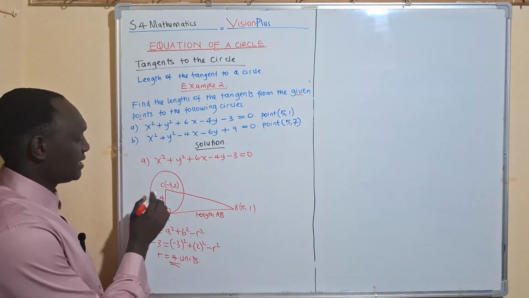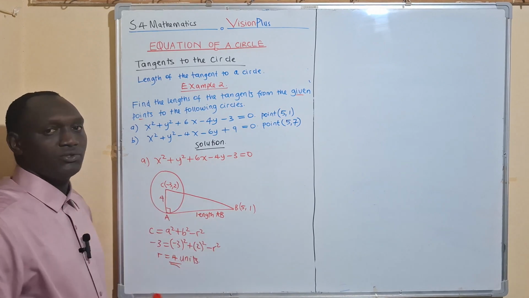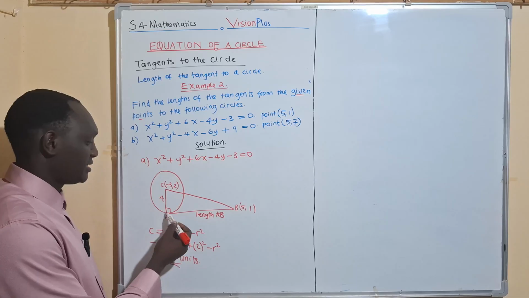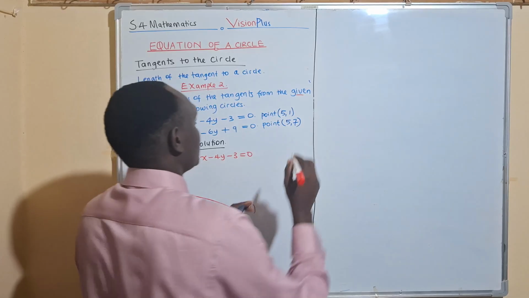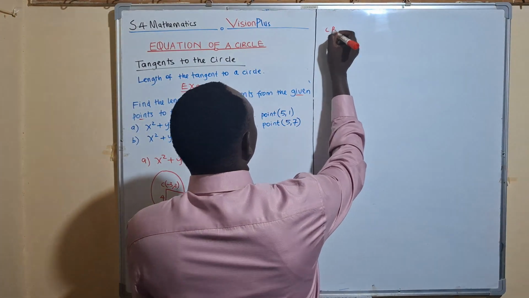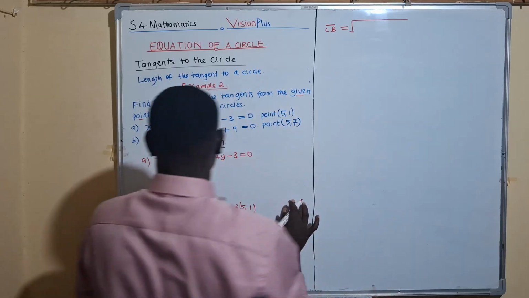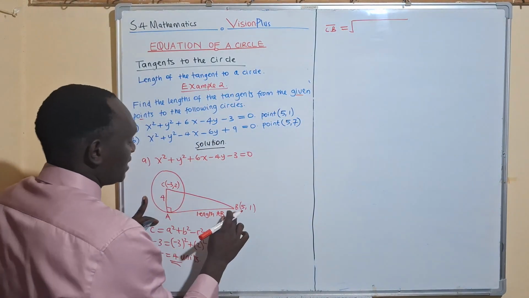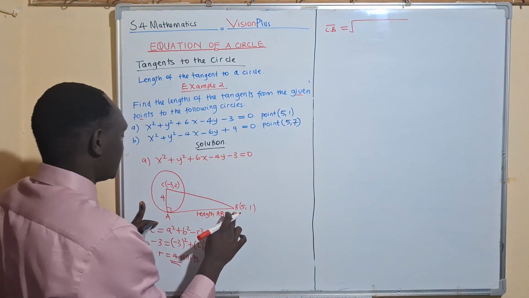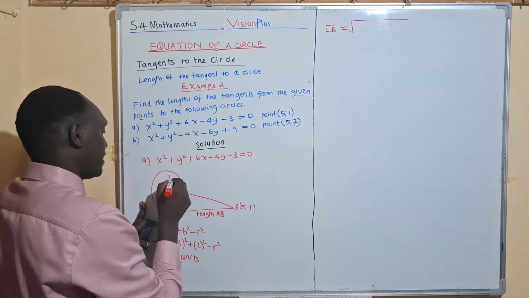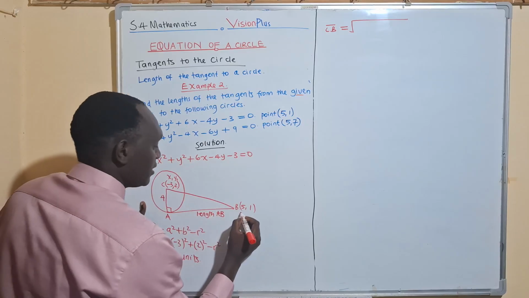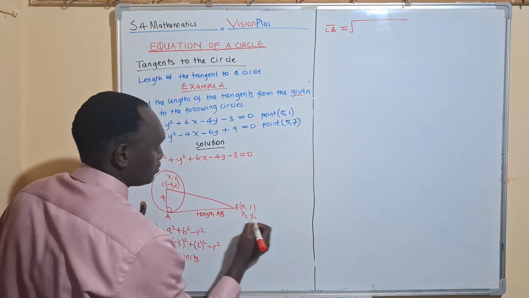So we are going to find the distance CB to help us in finding the distance AB. The length CB is just the distance between two points: the center and the point where the tangent comes. So this is my x1, this my y1, this my x2, this my y2.